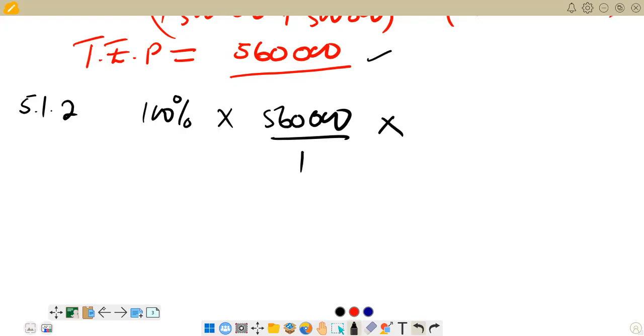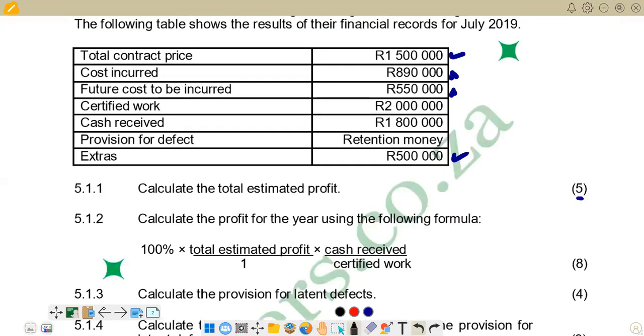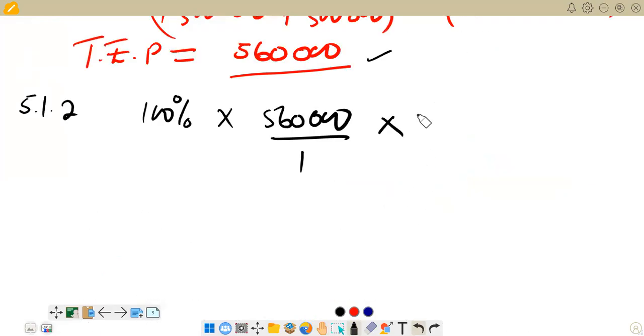We can go back to reconfirm the figure for cash received, which we have here as 1,800,000. And then certified work again, 2 million here. So we say we multiply by 1,800,000, then we say over 2 million, which is the certified work.